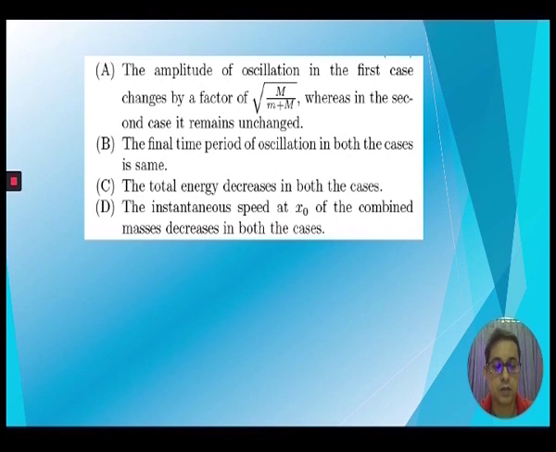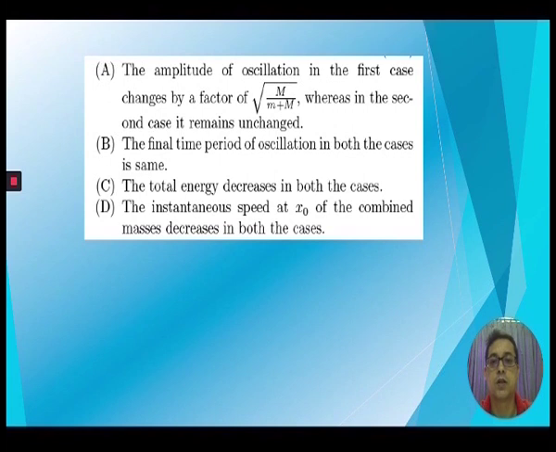Now let us see the options once again. If you look at the options carefully, first you see the amplitude of oscillation in the first case changes by a factor of this. That is the case in case 1, right? We have found that A1 is equal to square root of capital M divided by small m plus capital M, into A, whereas in the second case it remains unchanged. We have seen that A2 is equal to A. And what about the time period? The final time period in both cases is the same; we have seen that just now.